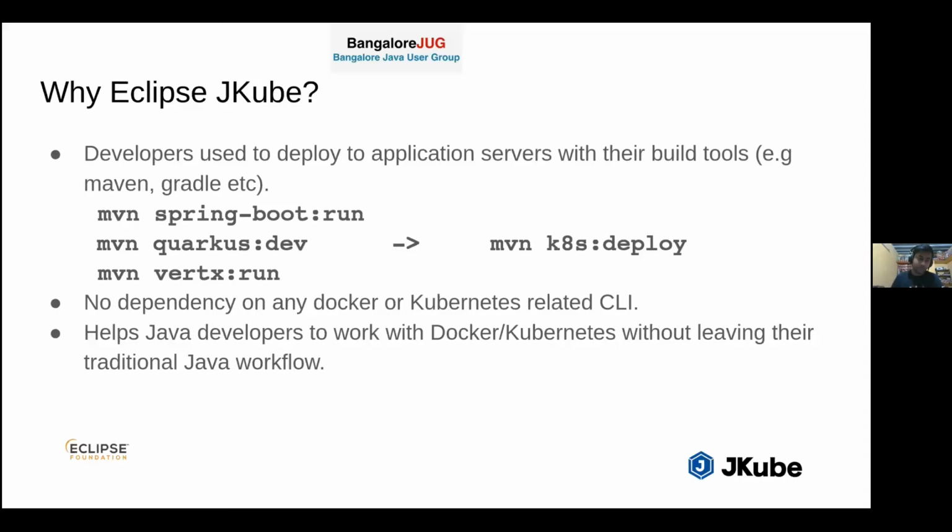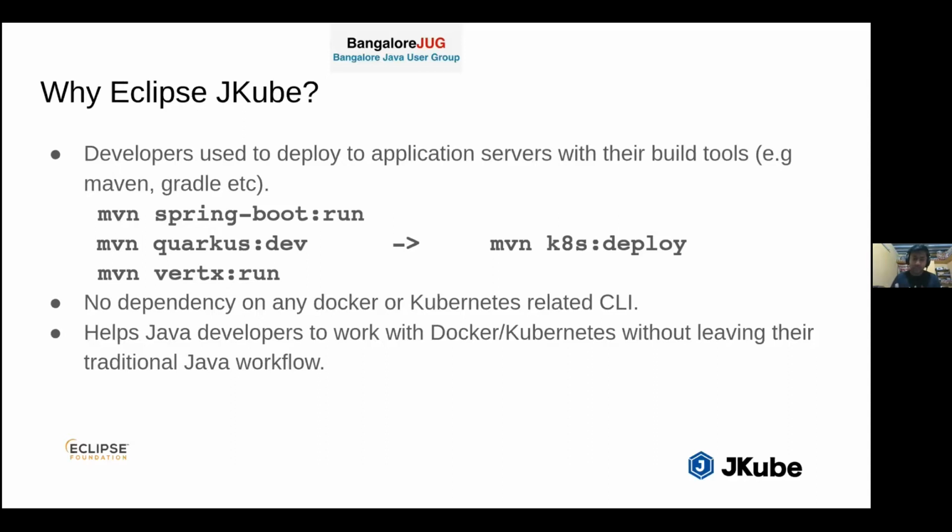So the third point is that JKube helps Java developers work with Docker and Kubernetes without leaving their traditional Java workflow. As Java developers, we are used to packaging and publishing to some Maven repository, and JKube can help you achieve the same thing by moving it to the cloud.